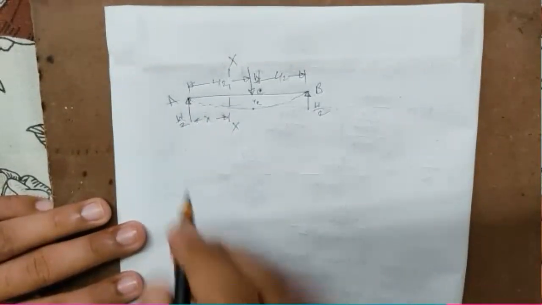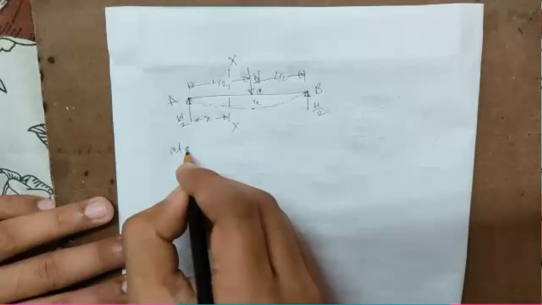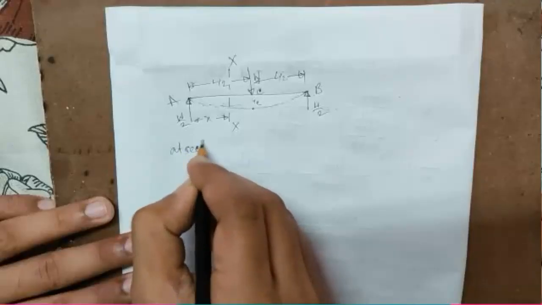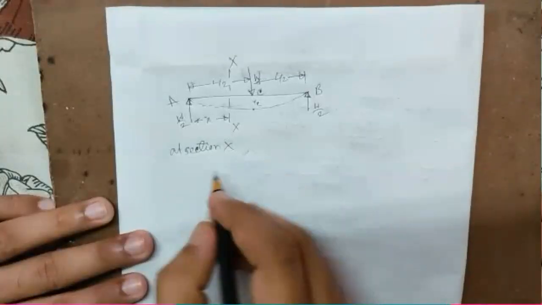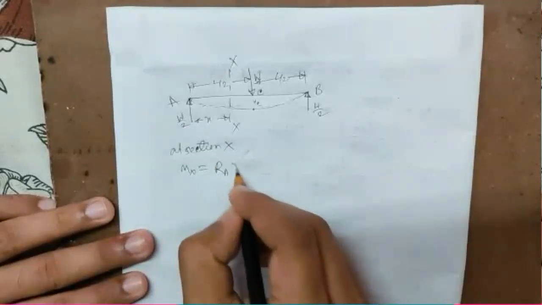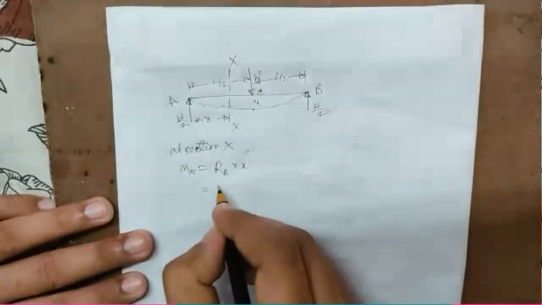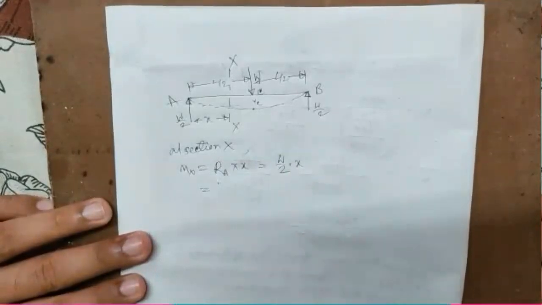So at section X, the bending moment Mx can be written as RA into x. So basically, putting the value, W by 2 into x.